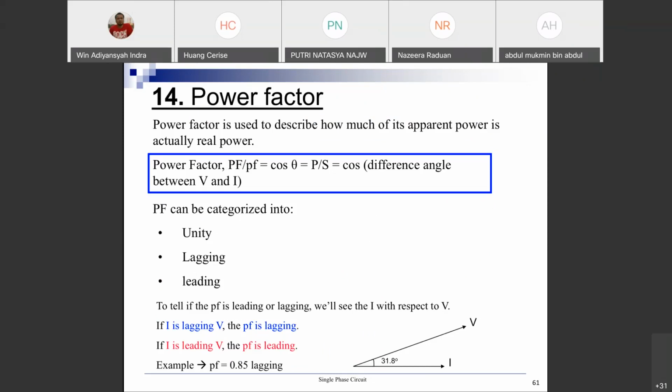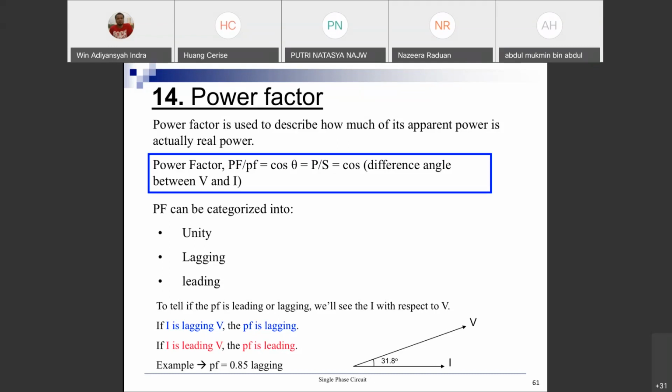Okay, can you see the slide here? I just show you the second chapter slide. Yes, sir. Okay.